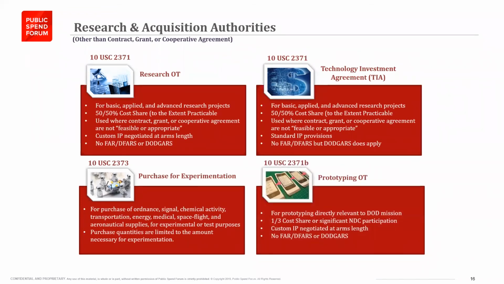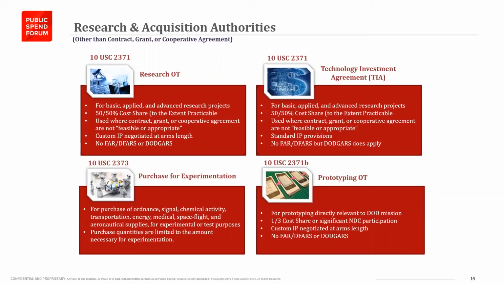And so let's finish up with the big prototype OT statute. This is where all the dollars are. This is where all the articles are. Everything you're reading about OTs, when people say OTs, this is what they really mean. Department of Defense prototype OTs under 2371b. 2371b came into existence in 2016.